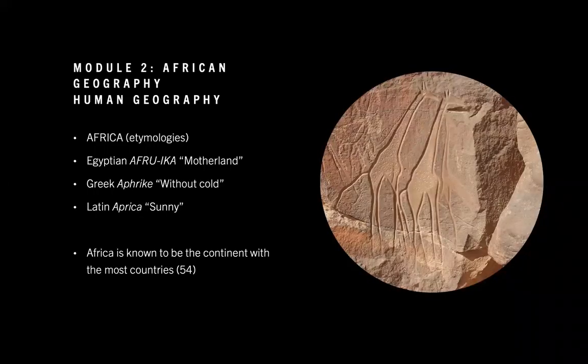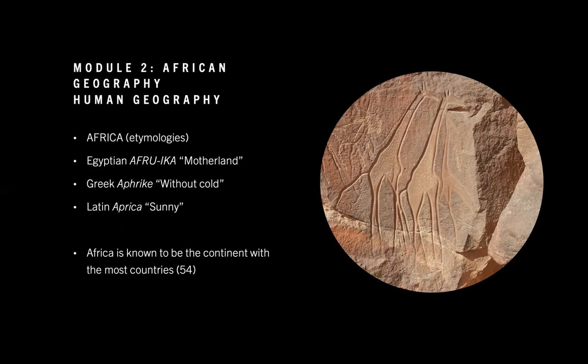Now, moving on sa human geography naman, let's try to extract where the term Africa originated. So, one plausible claim is that Africa came from the Egyptian Afu Ika, which refers to the motherland, referring to how they were able to build that very high civilization in the Nile.